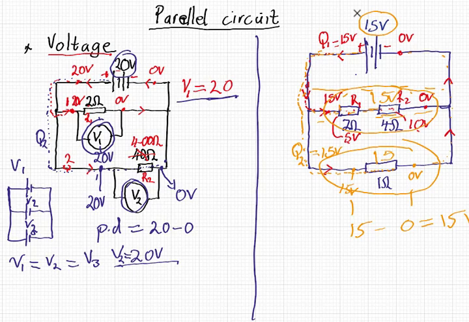So if there are 10 branches, each branch will have the same amount of voltage, right? That's it. The only thing that will be different is the current, of course. Even the resistors can be different in those branches.